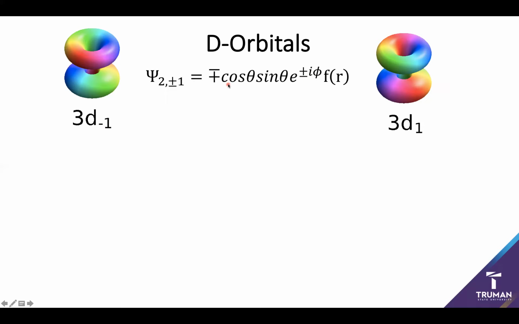Here, as you see, we can spot the nodes with a cosine theta, sine theta. So when cosine theta is equal to pi halves, we have essentially a node. So I've got a node of density cutting straight through the middle along the xy plane. So I won't find my electron there.